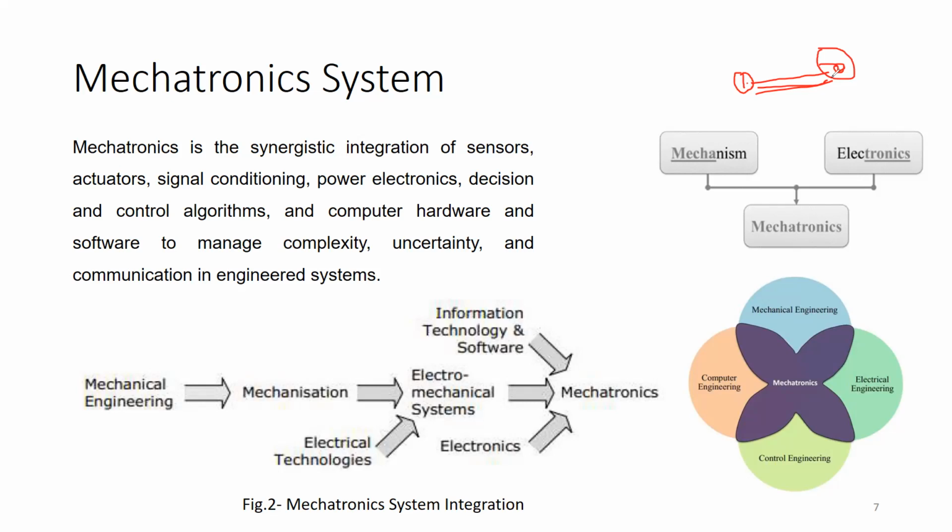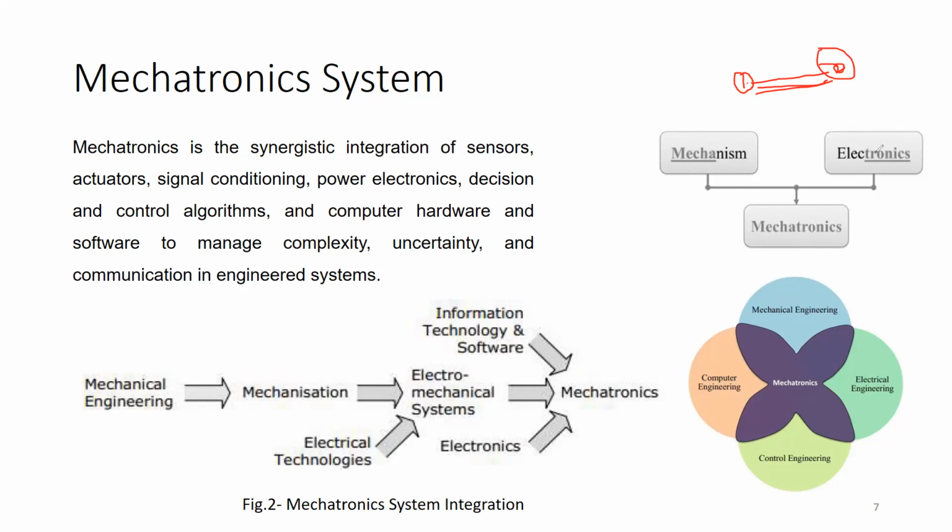Okay, and finally, when all those electronic systems or electromechanical systems were integrated with each other so that they could be controlled by a single system through software, through networking lines, the part of information technology came into existence. So all of them made the mechatronic system.